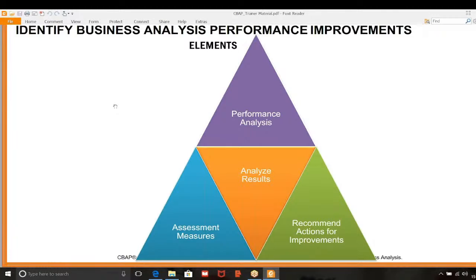So you need to understand performance analysis in that case. Now, when you're getting results, you're analyzing them. So you're not only analyzing your performance, you're also analyzing the results that are coming up, which will lead to your performance analysis.